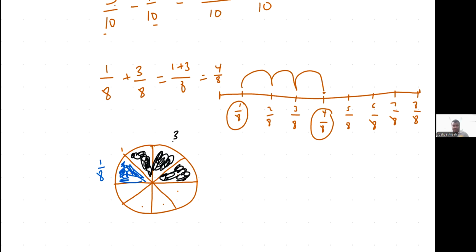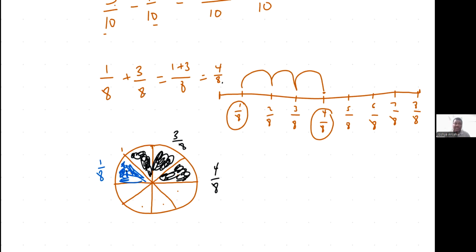So which parts were taken? The 1 out of 8 plus the 3 out of 8 gives me 1, 2, 3, 4, which is 4 out of 8. Any way you want to do it, you arrive at the same answer.